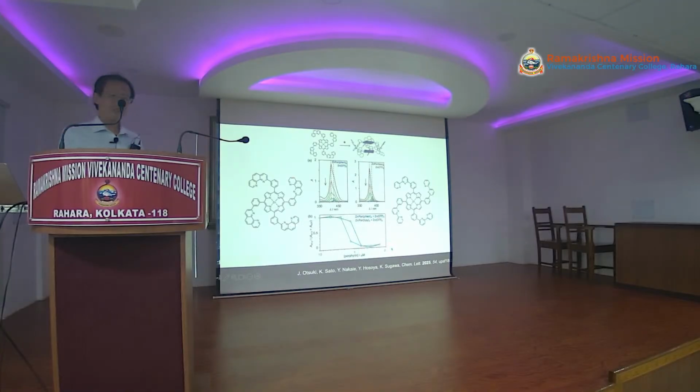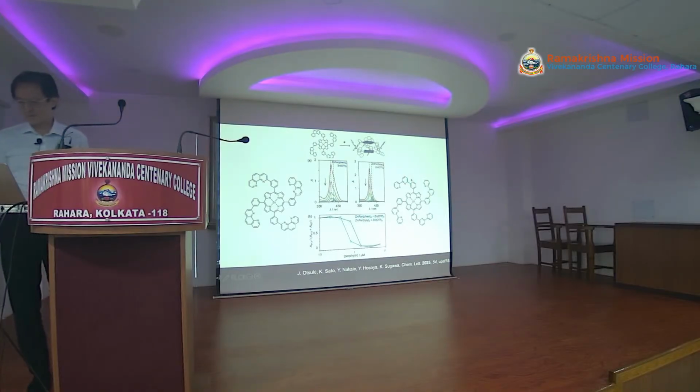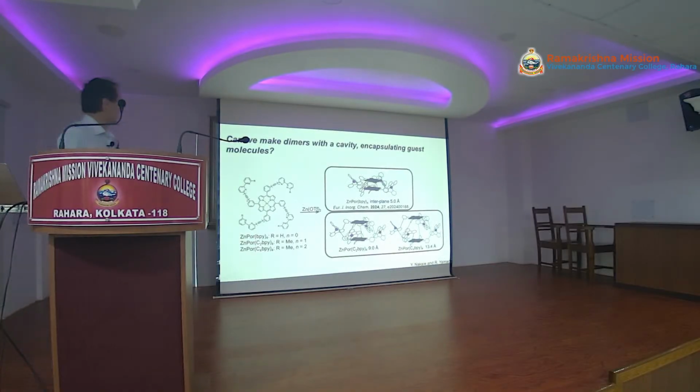So the rigidity of the binding site is important to stabilize the dimer structures. The intermolecular distance is 5.0 angstrom, in the hope that there will be a cavity between these two porphyrin molecules.